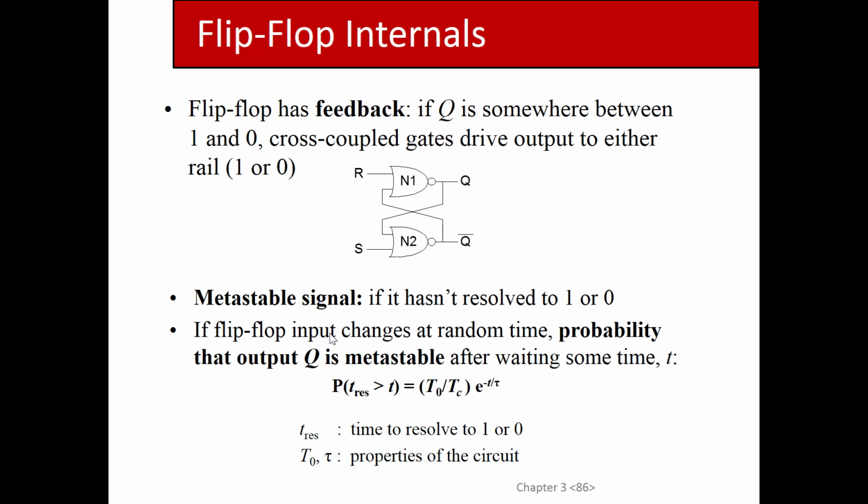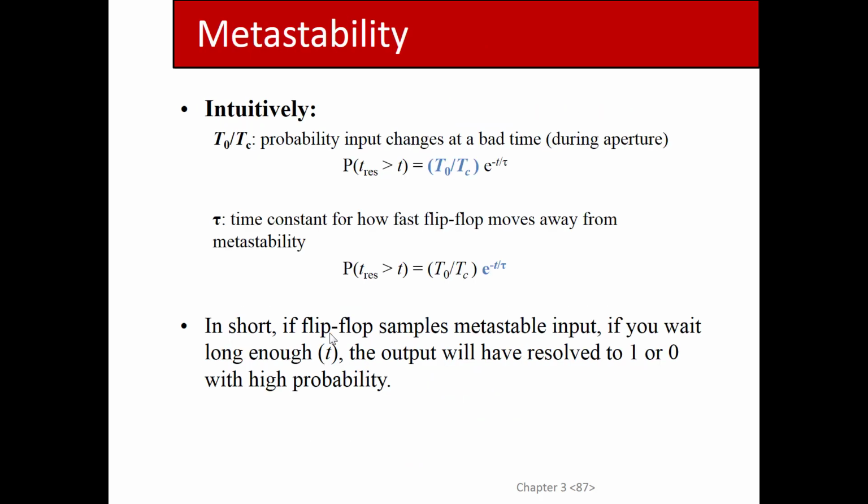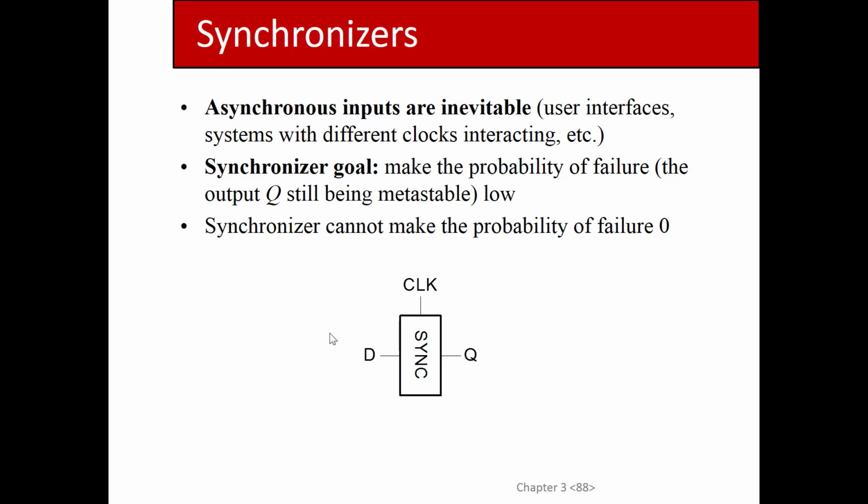Okay, so what's the point of knowing that? Well, the point is that we can create something called a synchronizer. A synchronizer is an approach you take to try to solve the problem of inputs going into this metastable state.